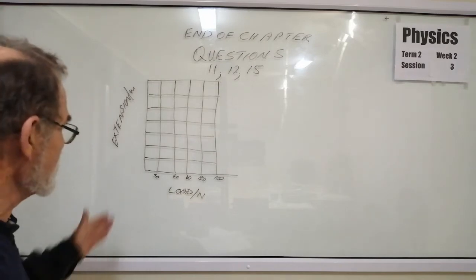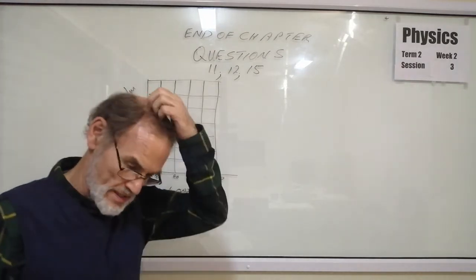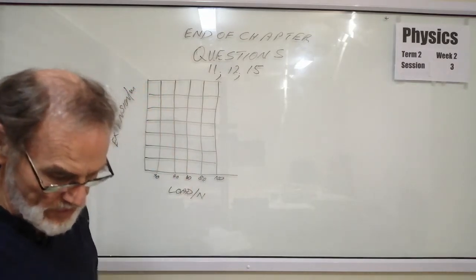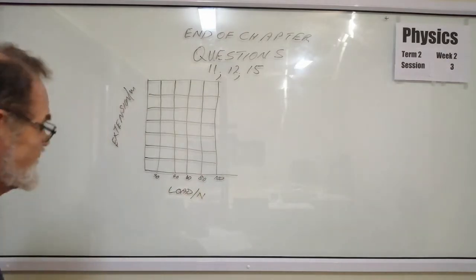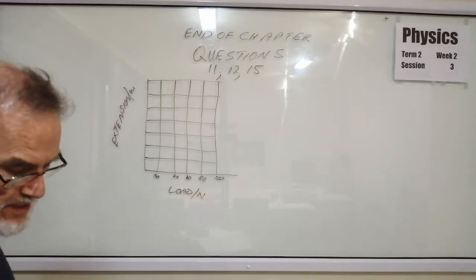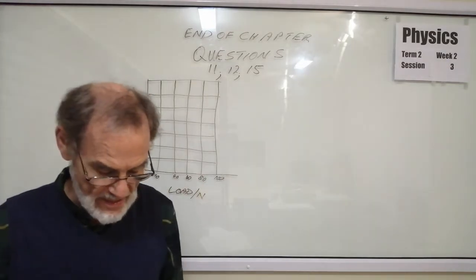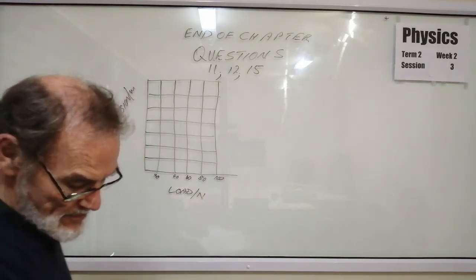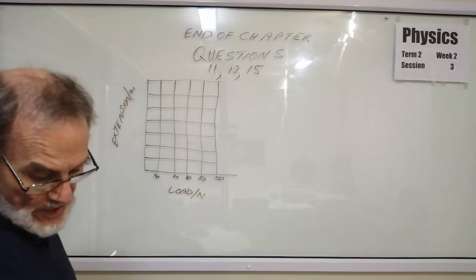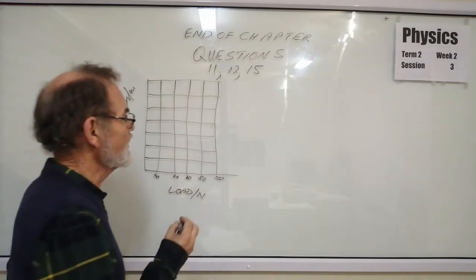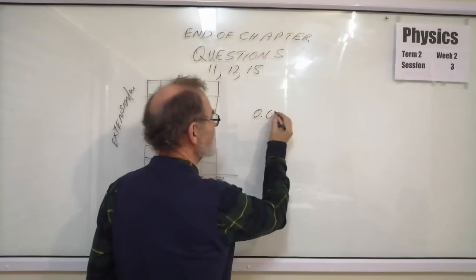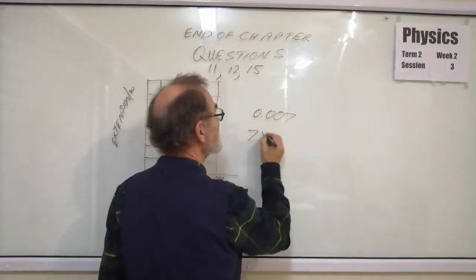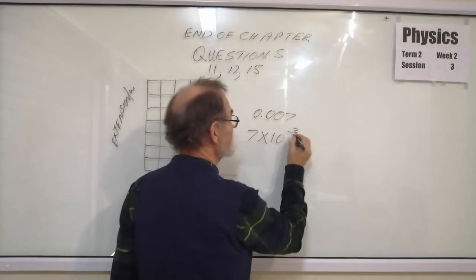We can put these on here, but if you look at these numbers, I can see 7, 15, 22, 30, 42, 55. If we take 7 and divide it by 1,000, we get 0.007, which is the same as 7 times 10 to the minus 3.